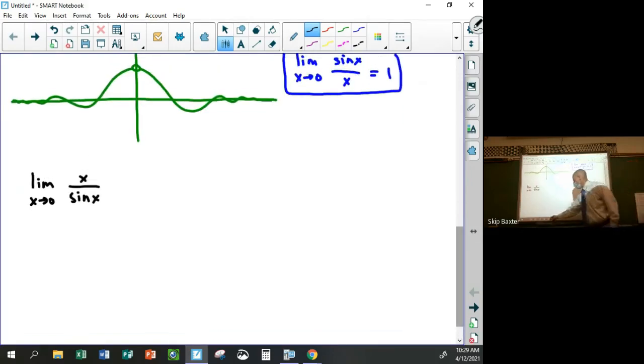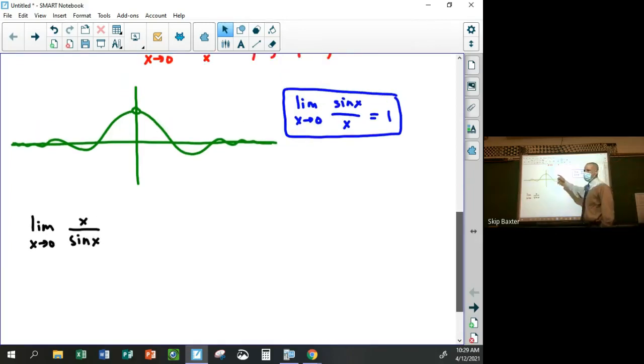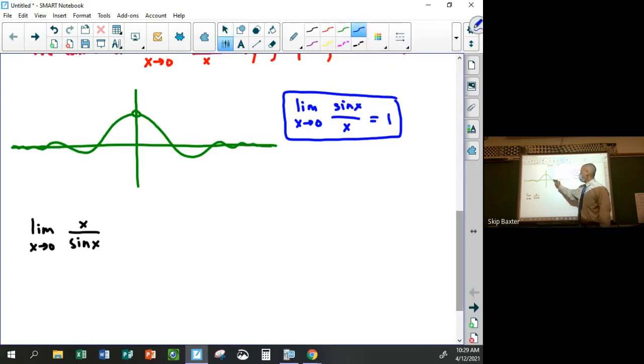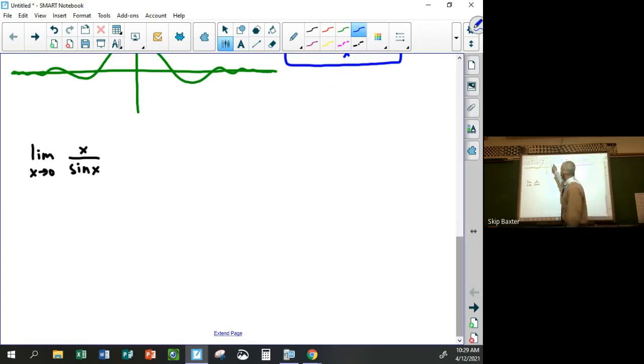Again, I could find it by using Desmos or any graphing calculator, or I could try to reason through what the reciprocal of this graph would look like, 1 over this graph. Any point where this graph is 0, its reciprocal is going to be undefined, right? So you're going to end up with a graph that has these vertical asymptotes that are getting closer and closer together.